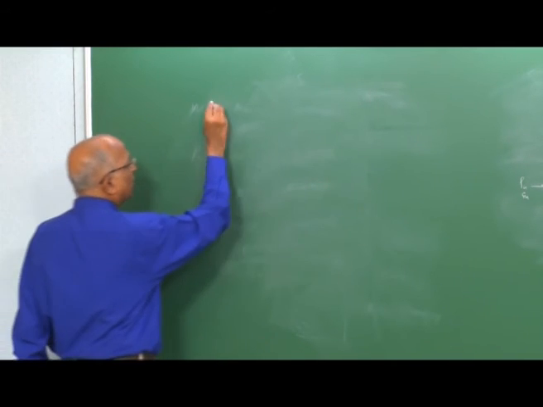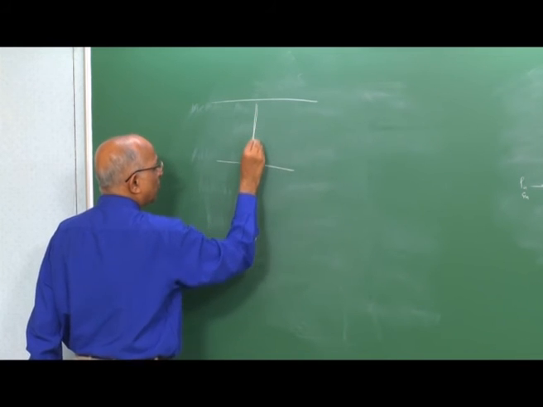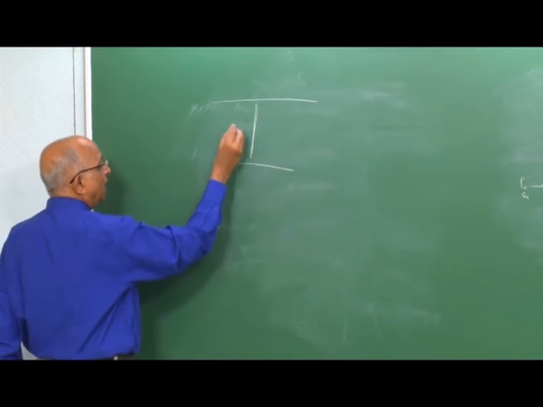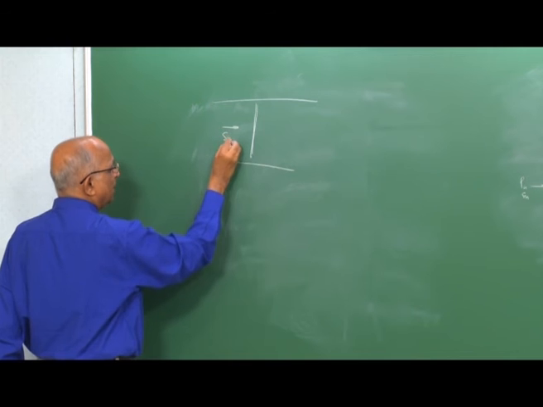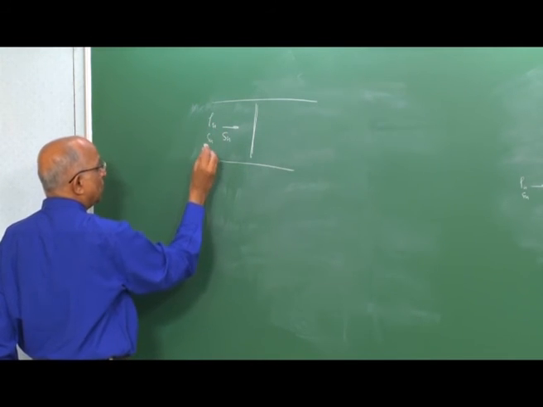Therefore, I am looking at this. I now know I have a flame which is of thickness TF. I have something moving here with a speed SU towards my front, and what is moving is rho u, SU, at a temperature TU.